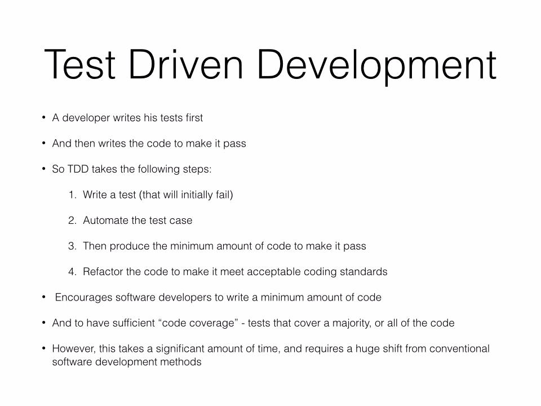However, this takes a very significant amount of time and requires a huge shift from conventional software development methods. So, it's a paradigm shift. It's a different way of thinking. But I've actually been engaged in this practice and I found it very productive, as a lot of times what happens, and we'll talk about this notion when we talk about systems analysis and design, is that many times after code is developed, there's in theory a phase where you go through quality assurance testing.